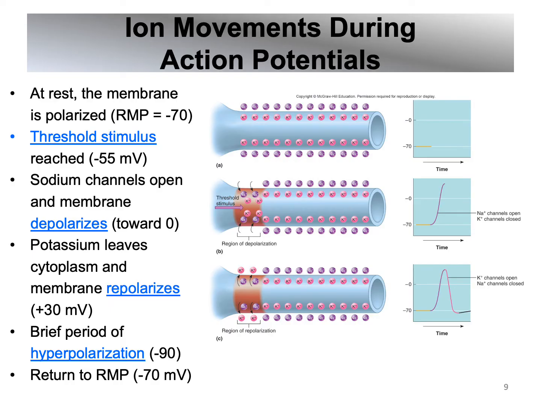Now let's go back. At rest, we said the membrane is polarized, has a minus 70 millivolt electrical charge. When the threshold stimulus reaches minus 55 millivolt, sodium channels open and the membrane depolarizes, it goes toward the positive, toward zero.